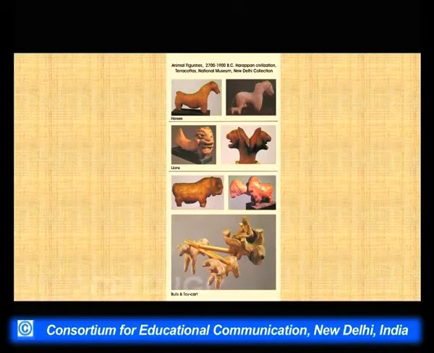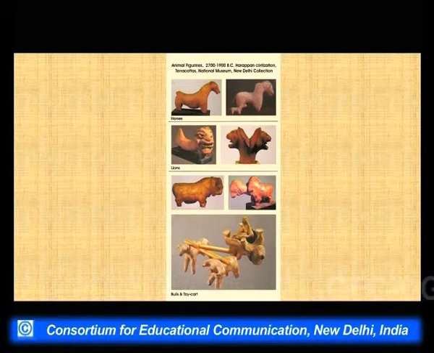Now we come to a large variety of animal terracottas. You have dogs, you have multiple headed beasts, you have rhinoceroses, you have squirrels and rabbits, and you have carts also.